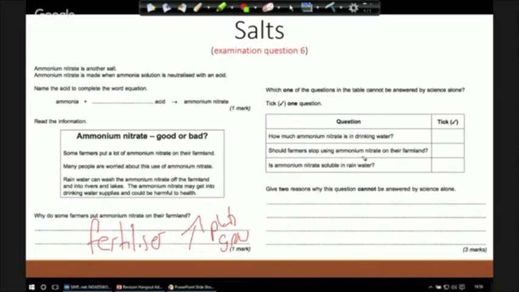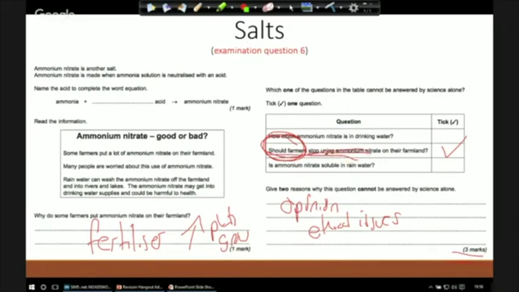Should farmers stop using ammonium nitrate on their farmland? That's the answer. It's a question that is, for our 3 marks, an opinion. Your opinion might differ to mine. Or it includes ethical issues. I think you should use fertilizer, or no, you shouldn't. Or any particular answer that is saying this is a difficult one to talk about.